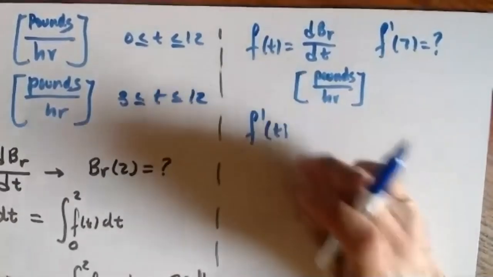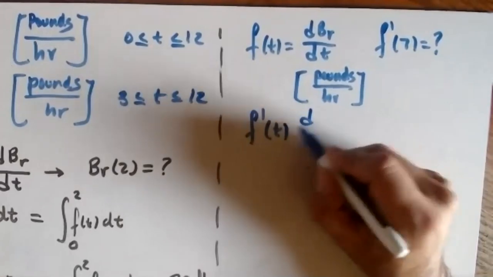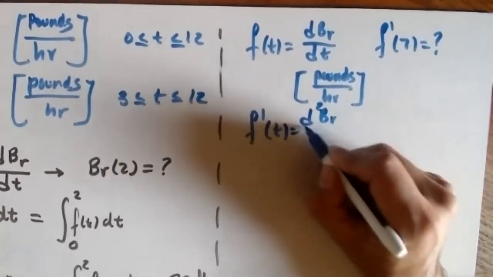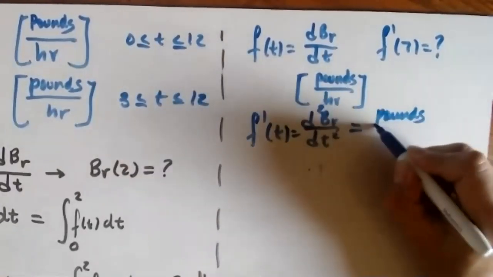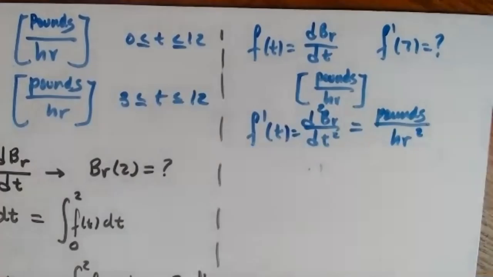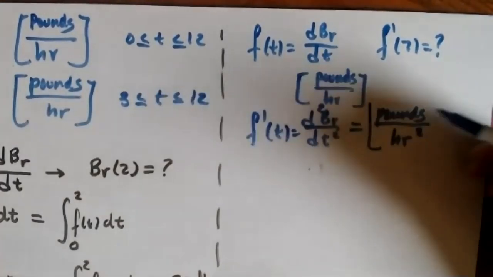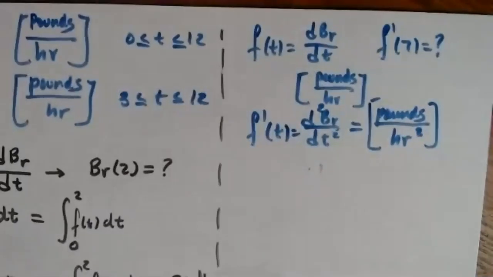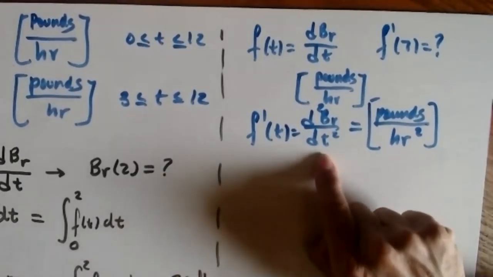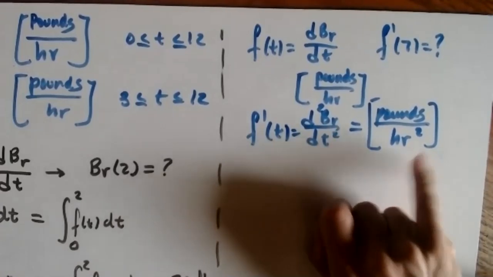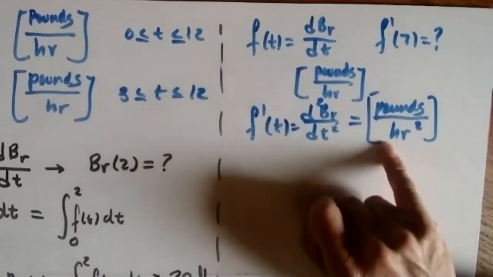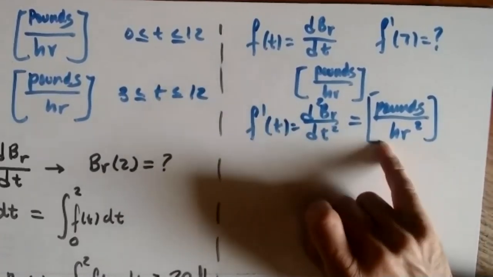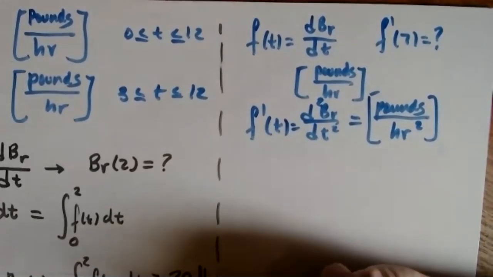It is d squared B over dt squared, so it's pounds over hour squared, correct? So f prime is the second derivative of the number of bananas with respect to time. Is this reminding you of something? Units like this?